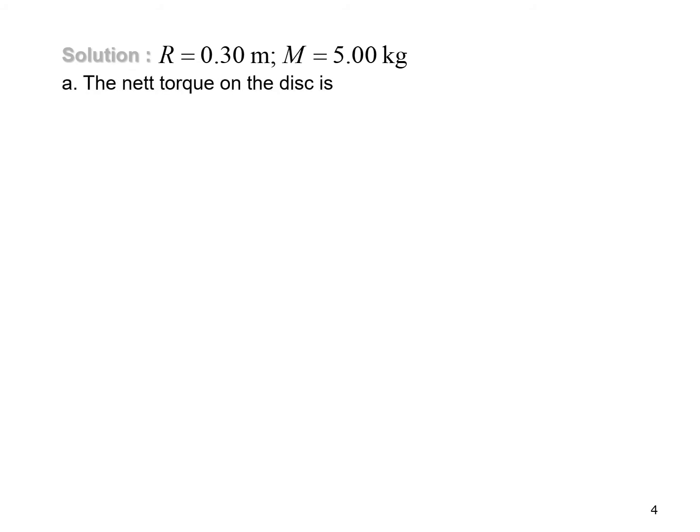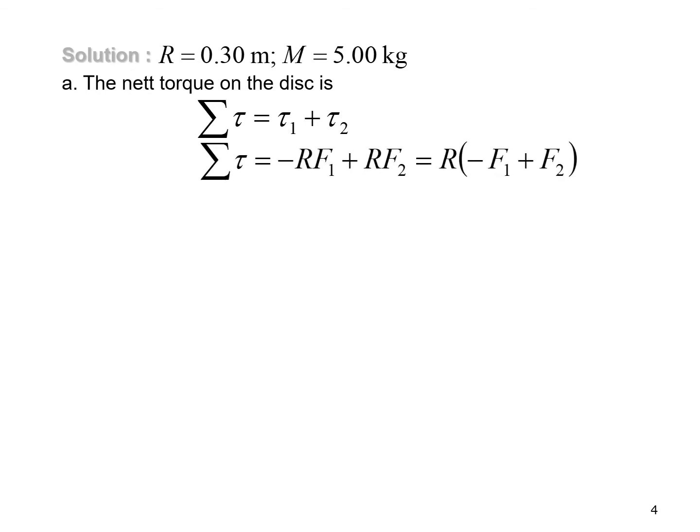So to determine the answer, first we can derive the information given: radius given, and mass is given. To determine the net torque, we need to calculate the total torque acting. Since we have two forces, F1 and F2, that means you will have two torques acting. F1 will produce rotation in clockwise direction, that means you will have negative torque.